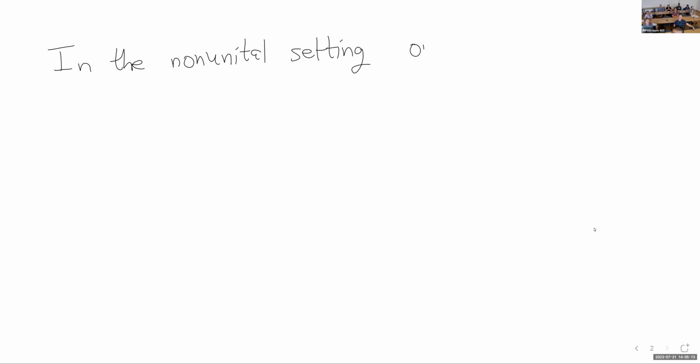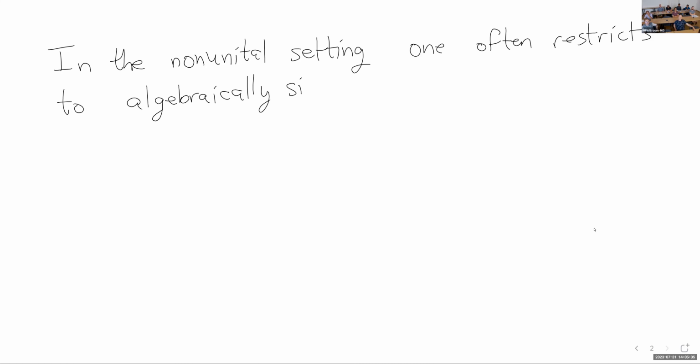So one often restricts to not just simple, but algebraically simple C*-algebras. And also often you demand that the simplex of tracial states is compact.